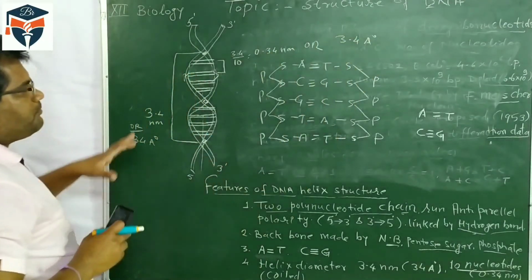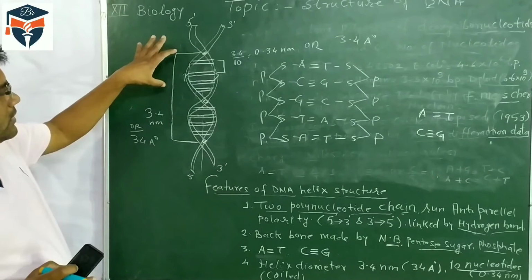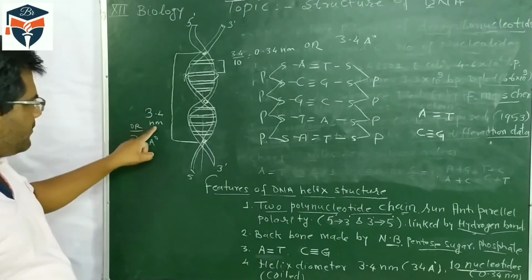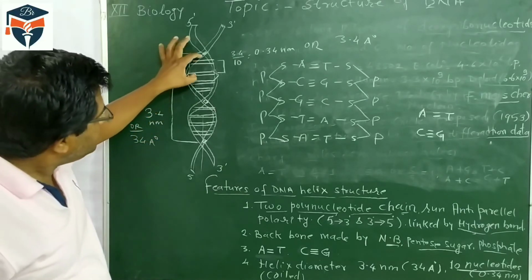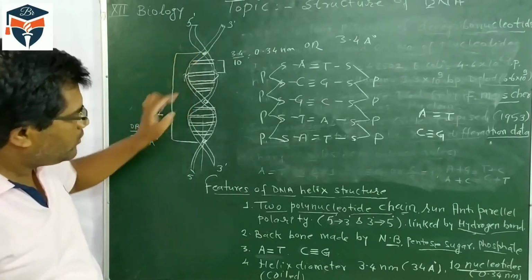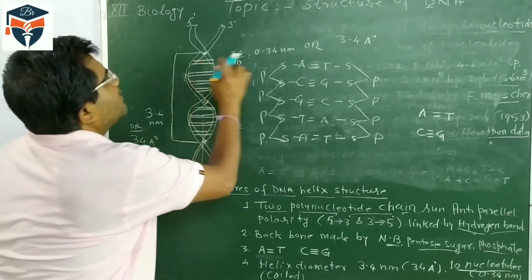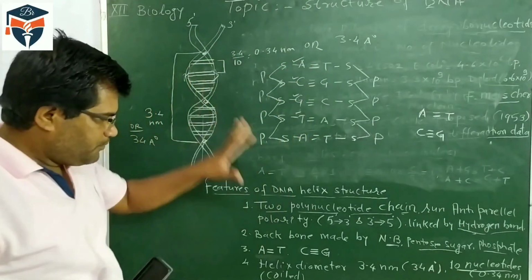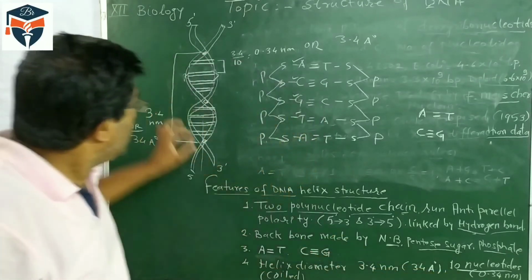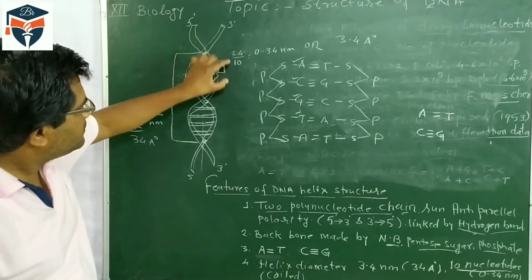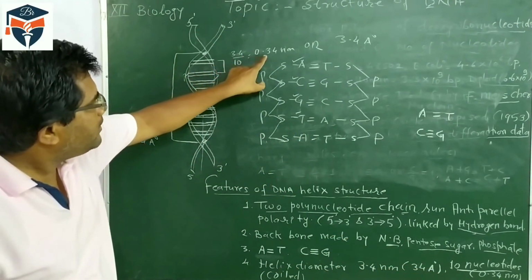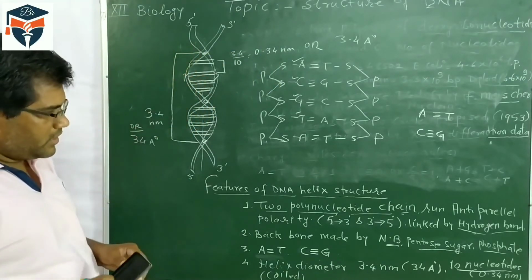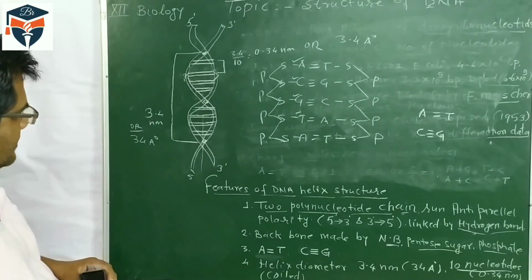So in the double helix structure, each helix diameter is 3.4 nanometer and in each helix there are 10 nucleotides. Here, first, second, third, fourth. The distance between these two nucleotides is 0.34 nanometer, and these two strands are a coiled structure.